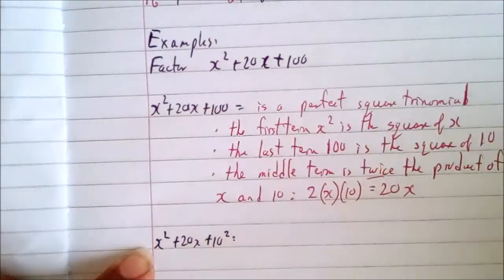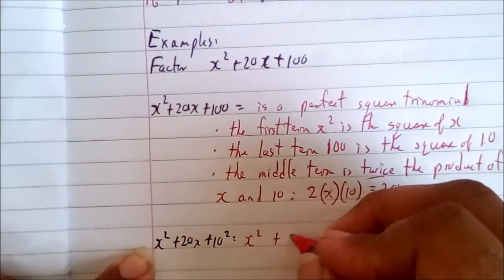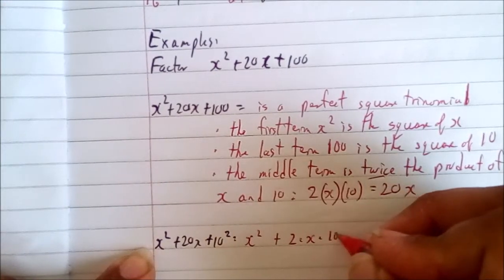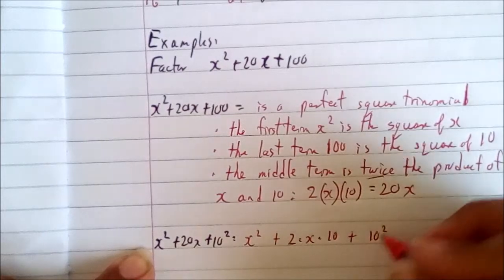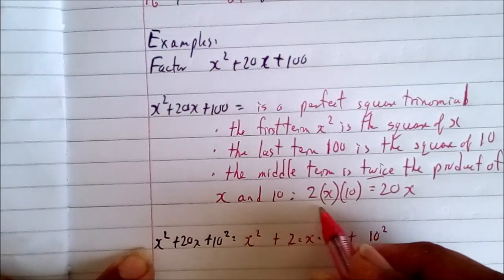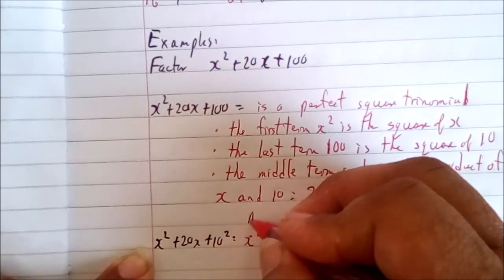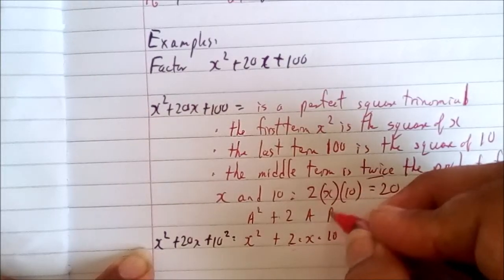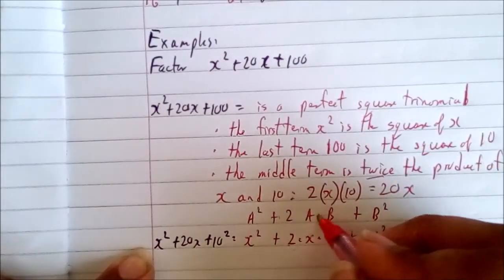So we have now x squared plus 2 times x times 10 plus 10 squared. Remember, twice is the middle term 20x. So we put here now a squared plus 2ab plus b squared. This is the form here.